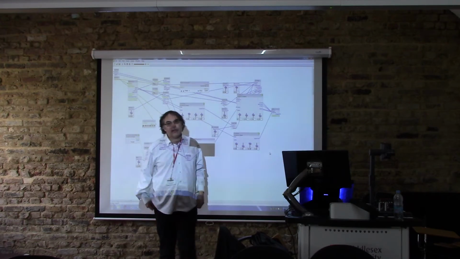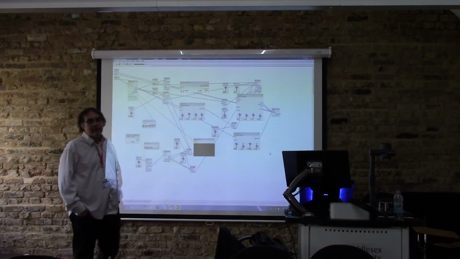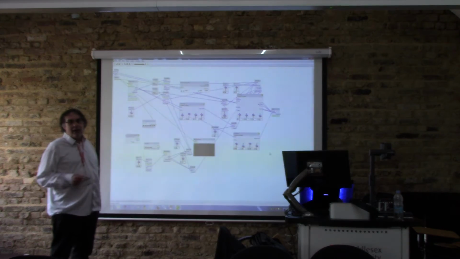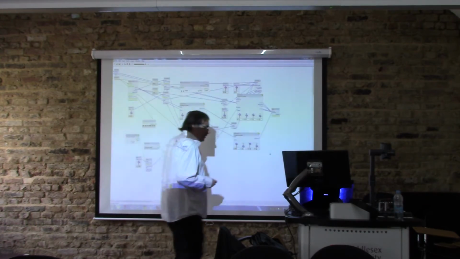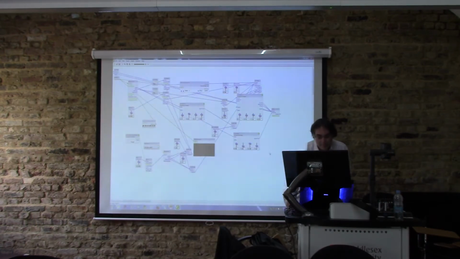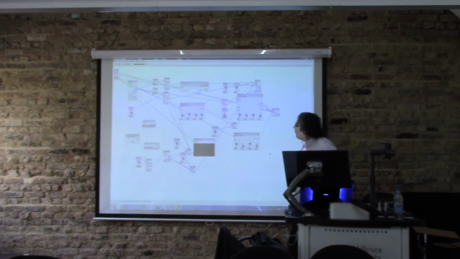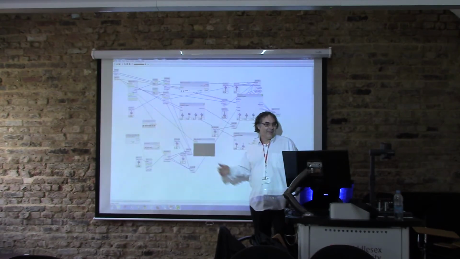The filter in this is more complex than many. It's state variable, so I have high, low, band and notch filters. But overall, this is a very simple synthesizer. There are, I think, 27 parameters. I'm not going to count them now.